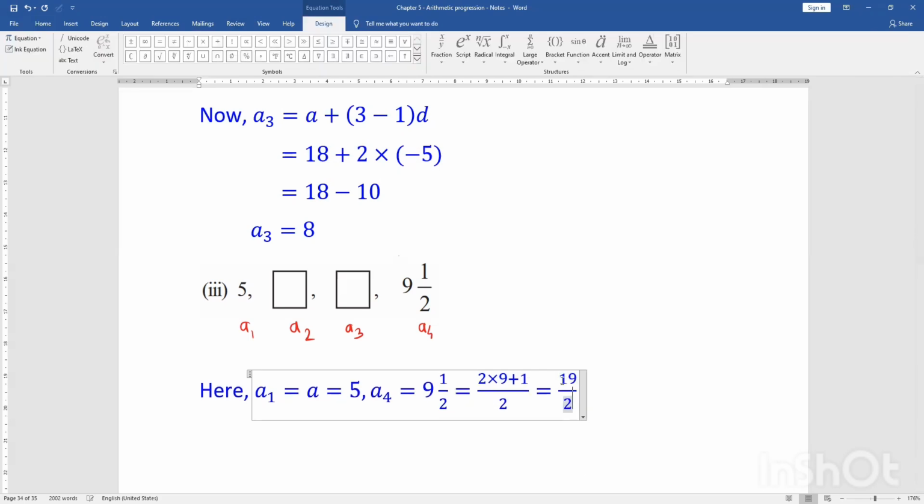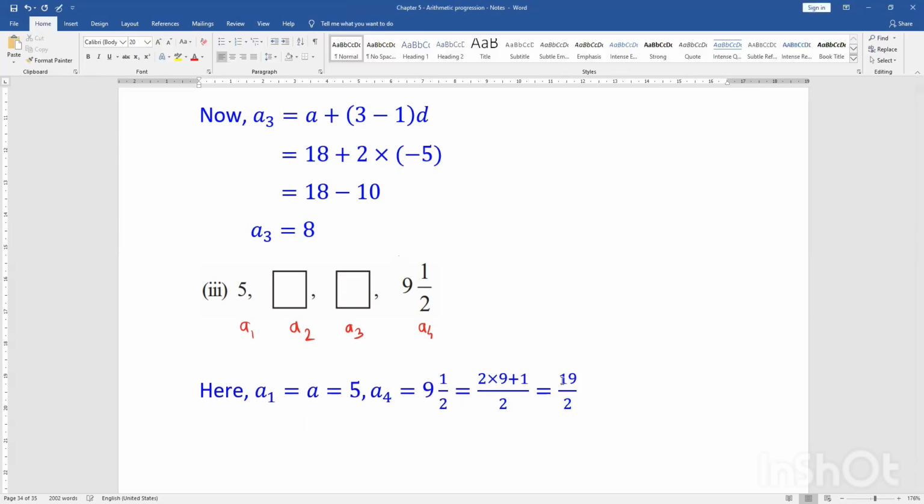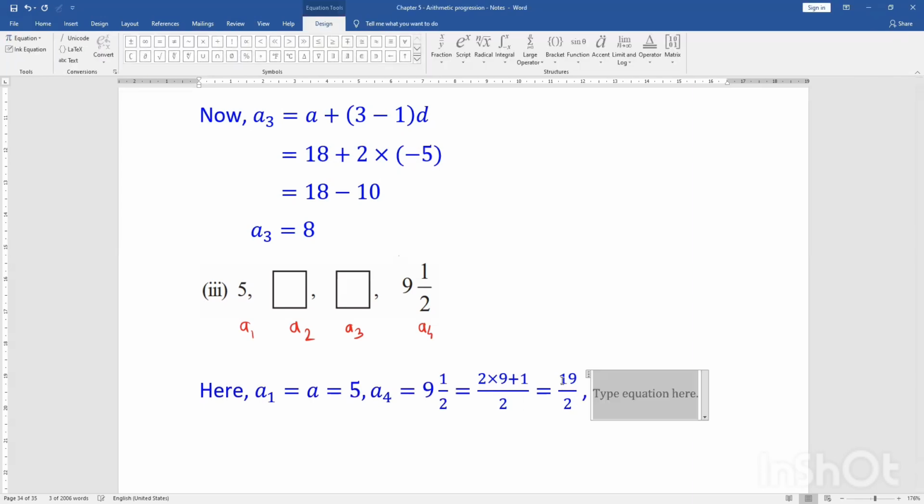This is 19 by 2, correct? Then what is given? What do we need to find out? We need to find out A2 and A3, correct? So let us write down A2. A2 is question mark, and then we have A3 also question mark.